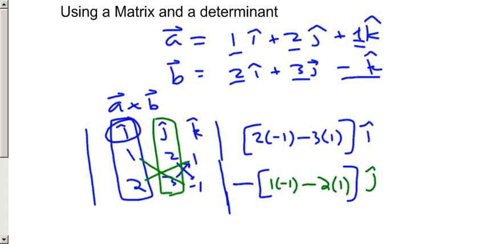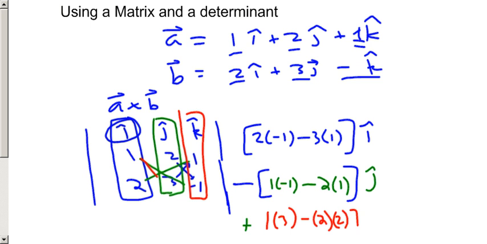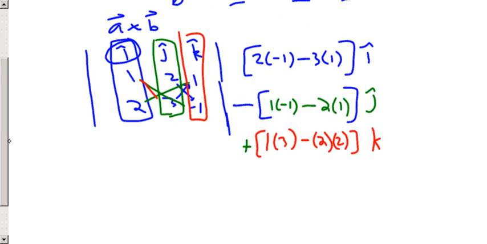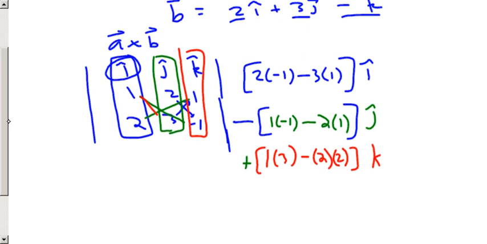J. And then plus, and so now we're going to cover up the K column and multiply across. So 1 times 3 minus 2 times 2 K.